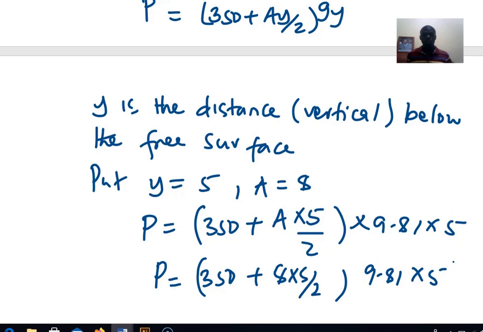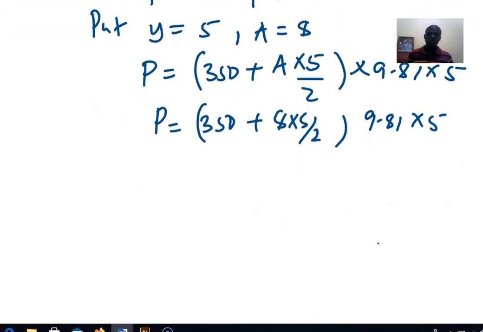So using a calculator, we can find that P is therefore equal to 350 plus 8 over 2 times 5, times 9.81 times 5.